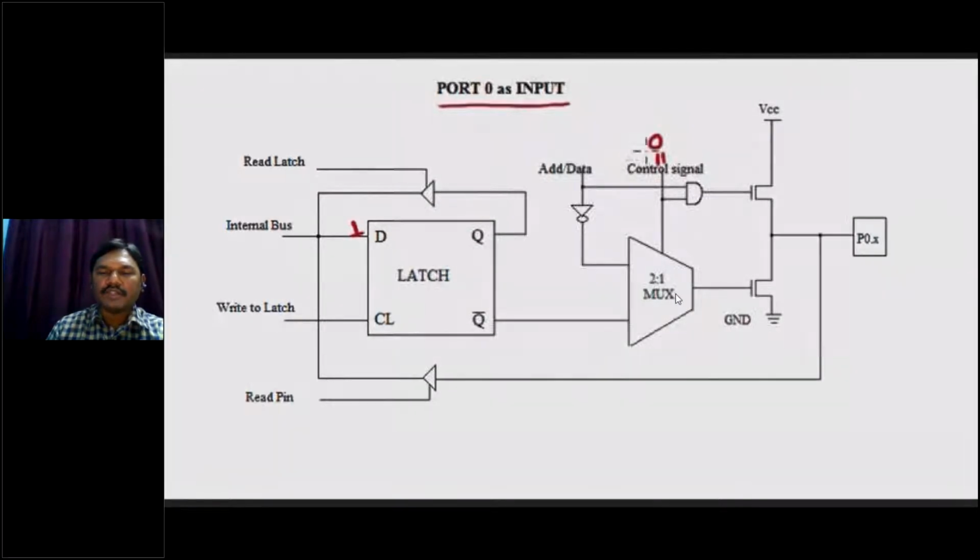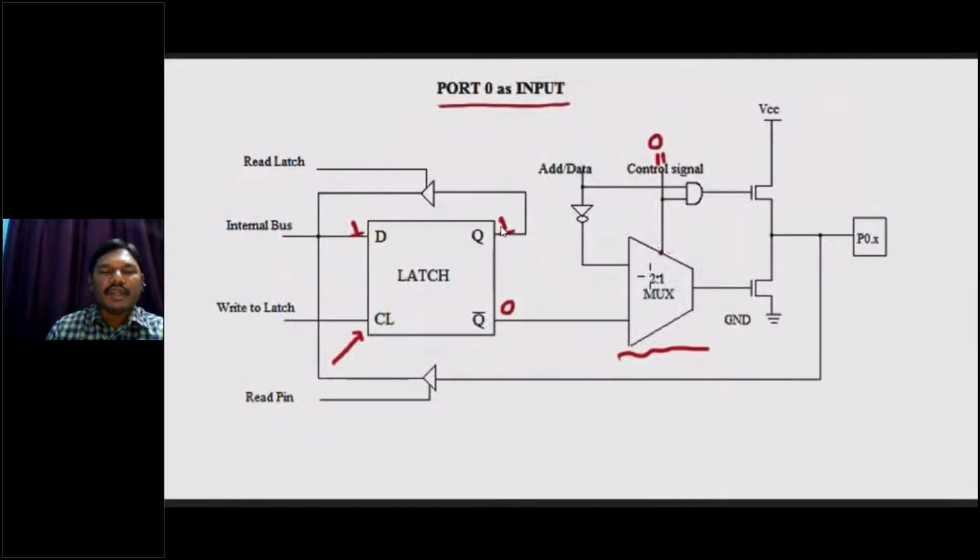This is a D latch or D flip-flop. What is the output of a D latch? Q is equal to D. Whatever input is applied here goes through when this is active.